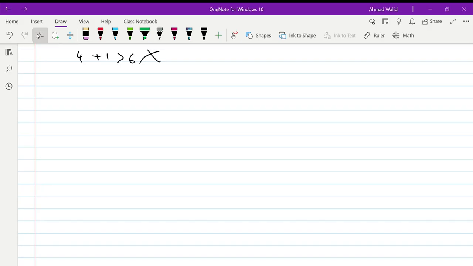Now, rules or properties. Equations, and here, let's say inequalities.